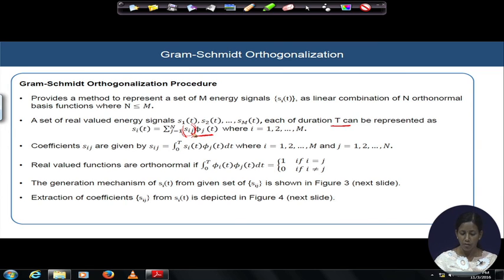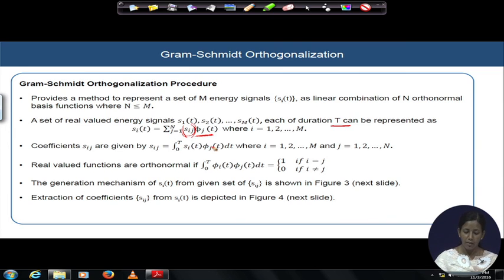This basis function index varies over 1 to capital N, where N is less than capital M, and the symbols vary over 1 to the available number of symbols capital M. Each coefficient is constructed by this equation: if I multiply the original energy signal with the corresponding basis function and integrate over the duration, it regenerates each coefficient.